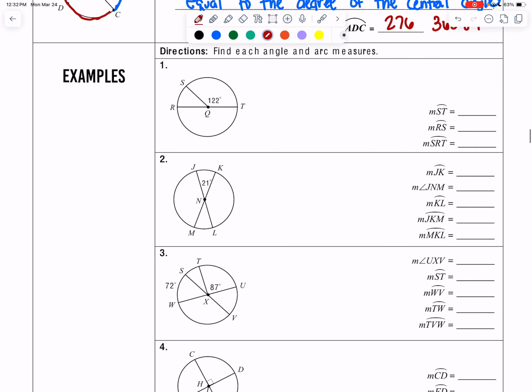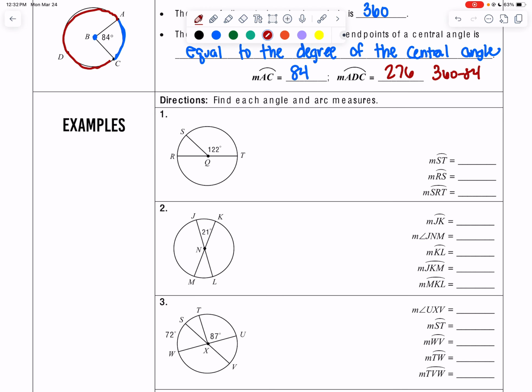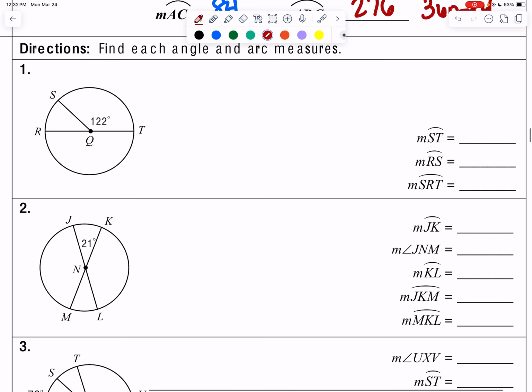All right, so let's look at number 1 here, where we want to find each angle and arc measurement. So for number 1, the first thing that I want is to find the measurement of arc ST. Well, given that we know that angle SQT is 122 degrees, then the measurement of my arc is also going to be 122 degrees. Now, the measurement of arc RS, notice how we have a semicircle right here.